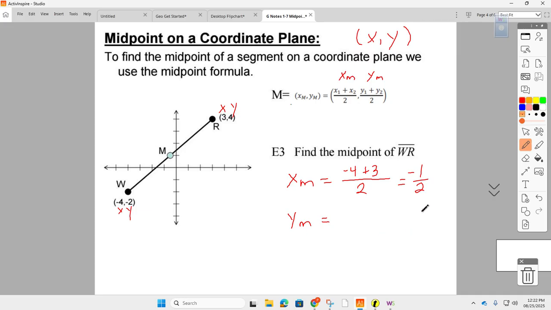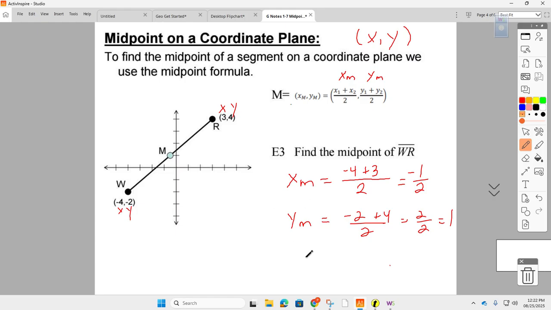The average of the y is found by y plus y, -2 plus 4, all divided by 2. That's 2 divided by 2, which is 1.